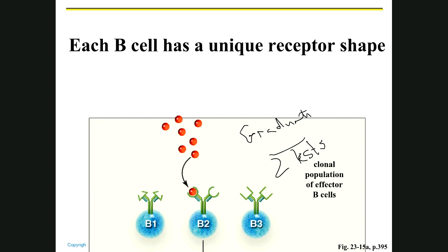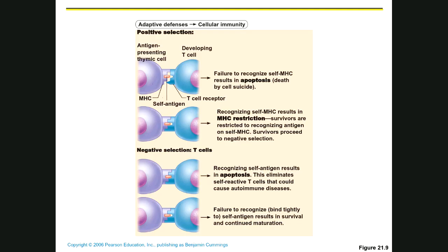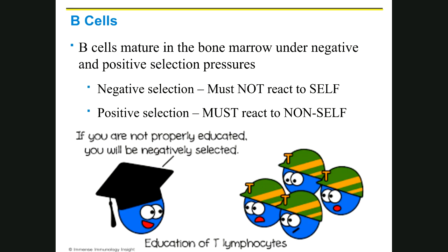These tests are positive and negative selection. And here's what's going to happen. They're going to take these tests. So here's our B cell. It matures in the bone marrow, becomes ready, and then now we're going to take these tests.